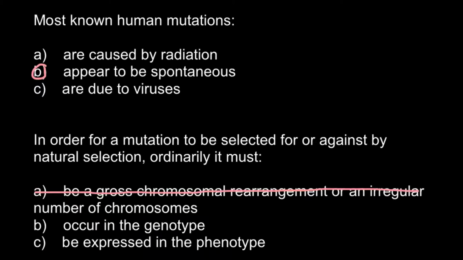And next answer, B, occur in the genotype. This answer looks like a correct one because it is absolutely true that in order for a mutation to be selected for or against by natural selection, it ordinarily should occur in the genotype in the first place.